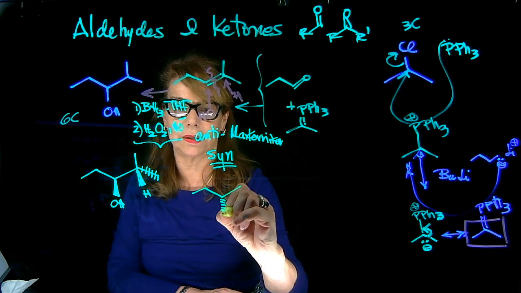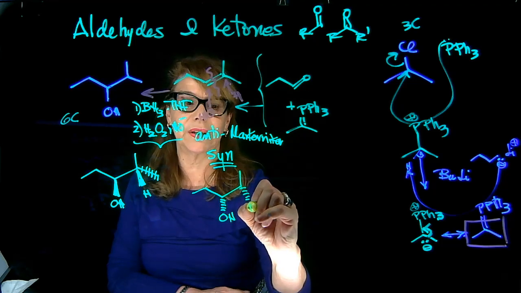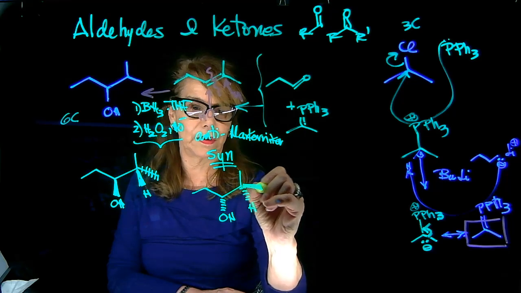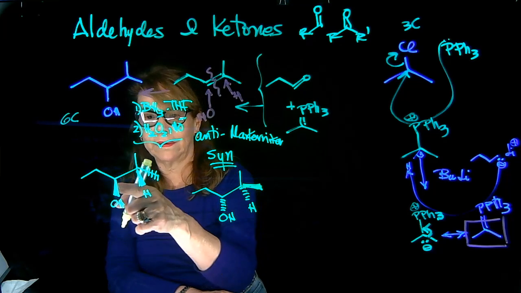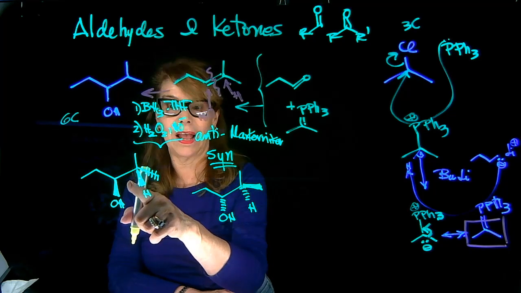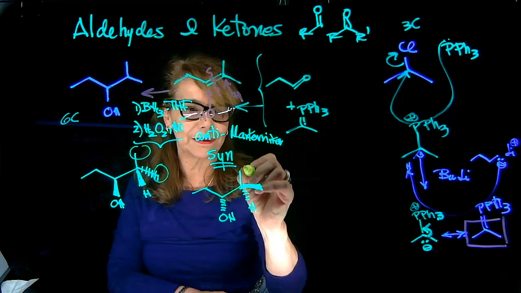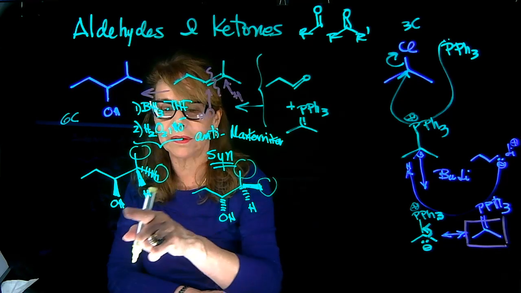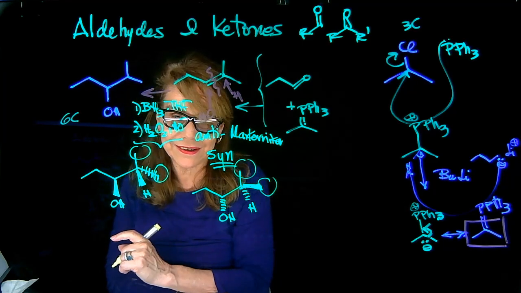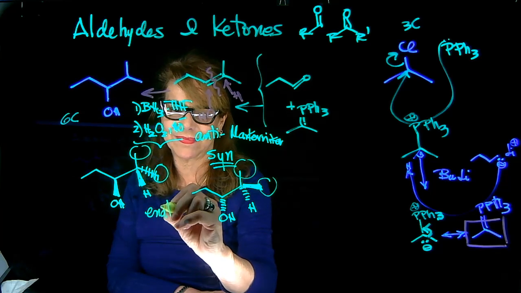So dash, dash, dash here, and now I'm adding the hydrogen also on dash, meaning that now the metal is going to be here. So notice that this chiral center has inverted configuration. This chiral center, well, actually, this is not a chiral center. Methyl, methyl. So no, not a chiral center, but here you want to keep the syn orientation. The only chiral center has inverted configuration, so these are enantiomers.